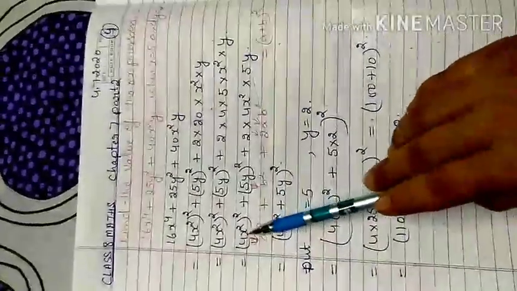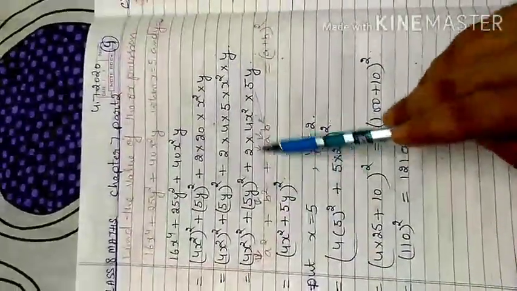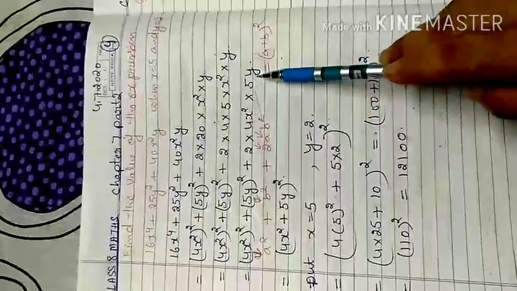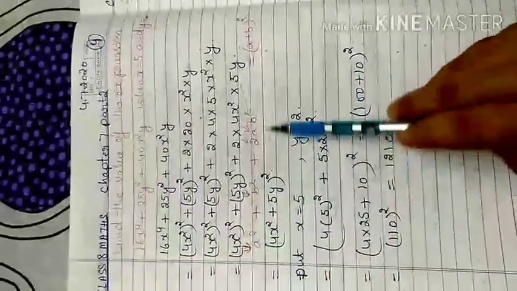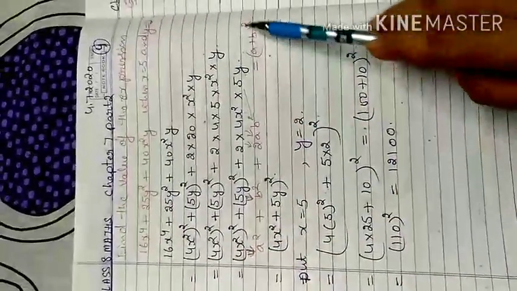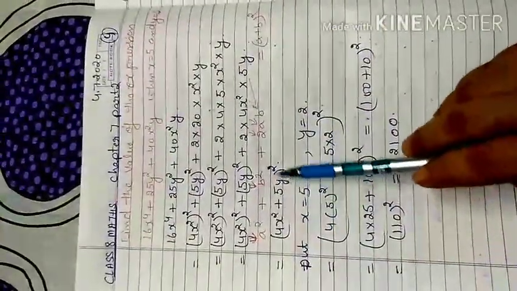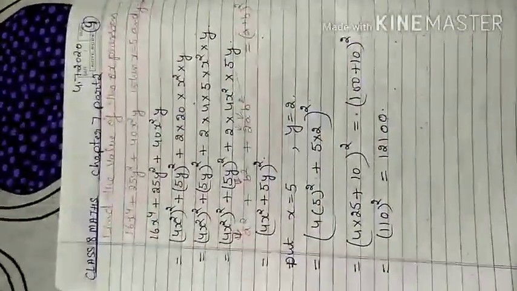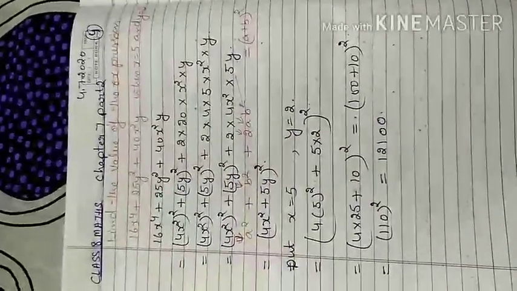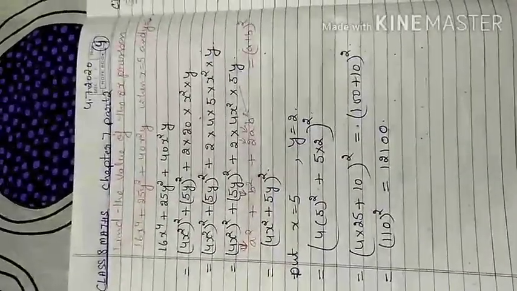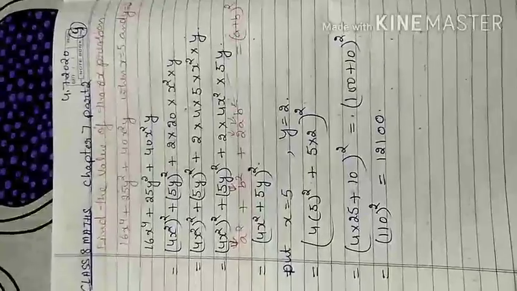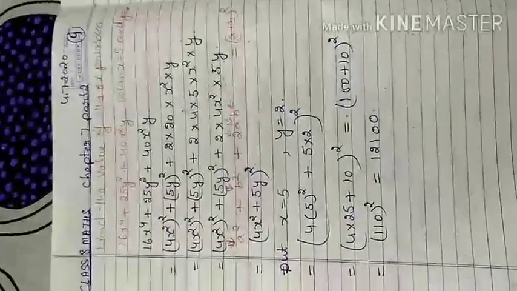So now I compare with a square, b square plus 2ab. This is my a term, this is my b term. So this formula is equal to a plus b whole square, so this can also be written as 4x square plus 5y whole square. Now my calculation will be easier. Now I have reduced this trinomial into a binomial, the square of a binomial.